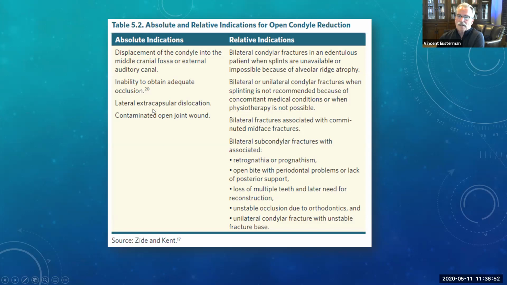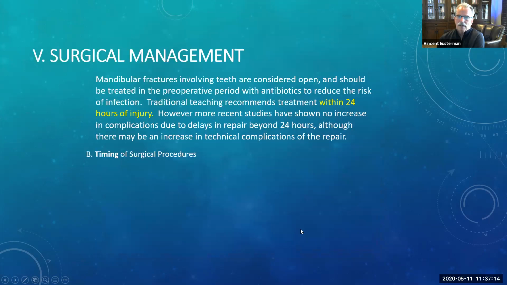If the condyle is sticking out laterally and dislocated, that's another indication. And a contaminated wound would have to be opened, cleaned and treated. Those are the absolute indications; the relative indications are seen here, and they're available in that chapter.